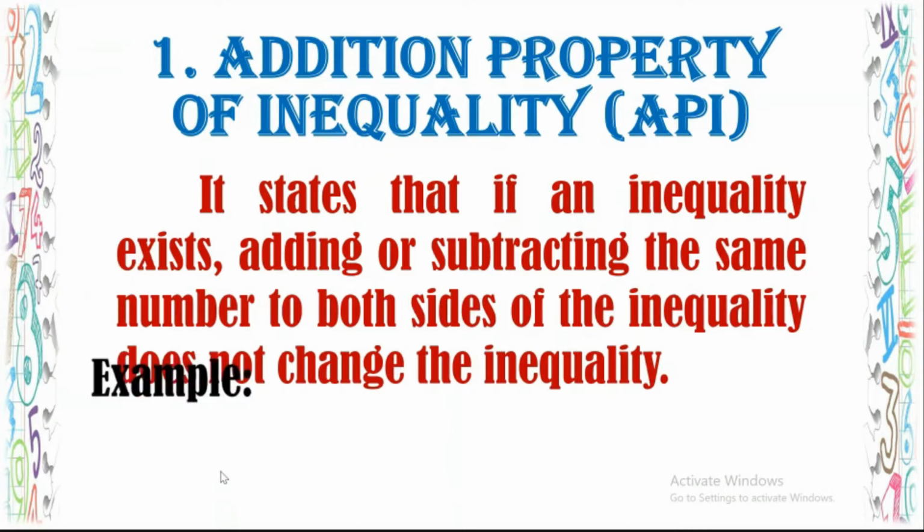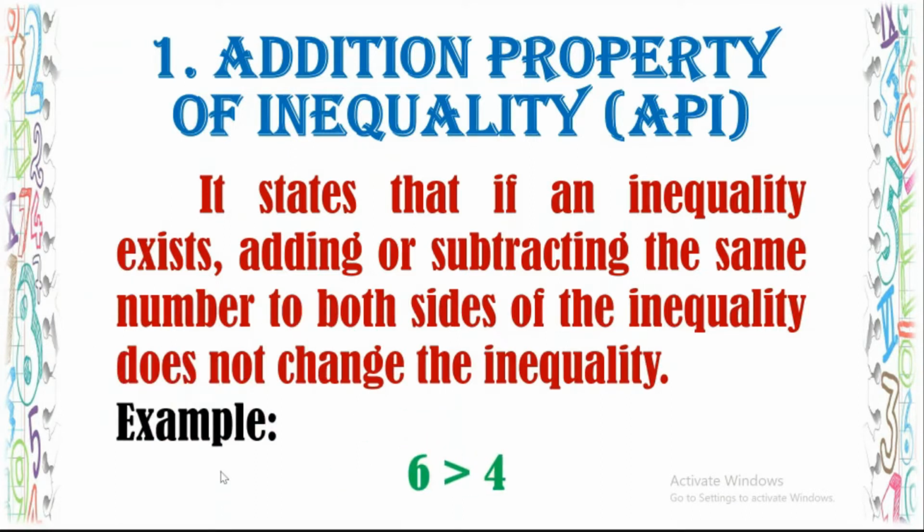Say for example, we have the inequality 6 is greater than 4. For the addition property of inequality, you will not change that given example if you add or subtract something to both sides of the inequality. Let us see. If we have 6 plus 2, then it is greater than 4 plus 2.